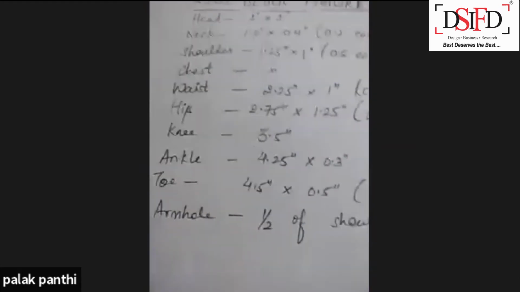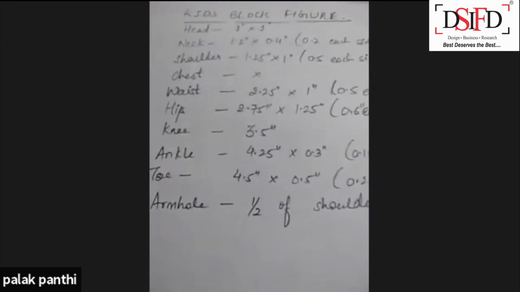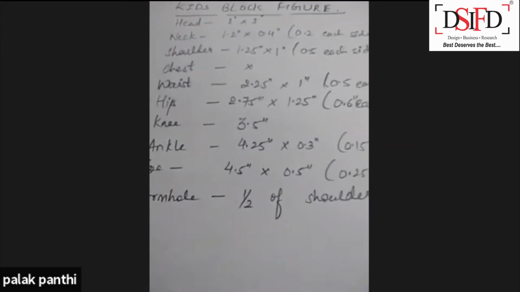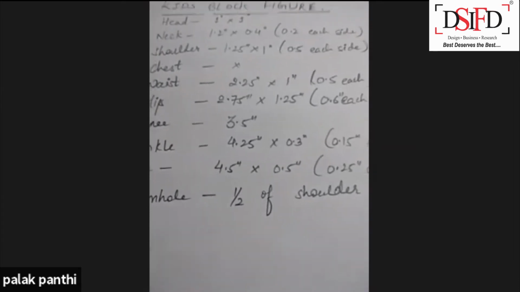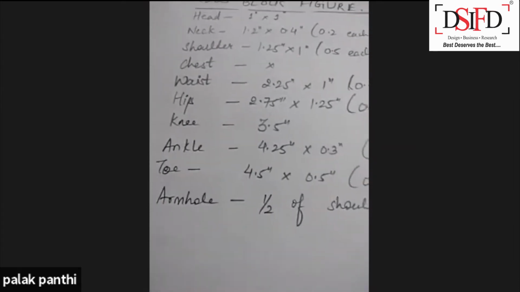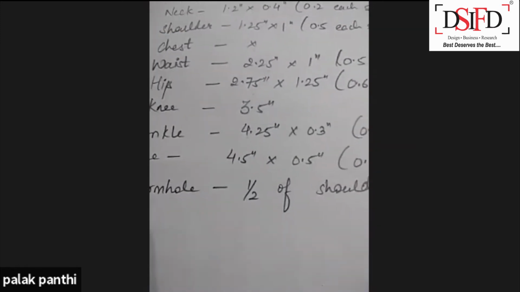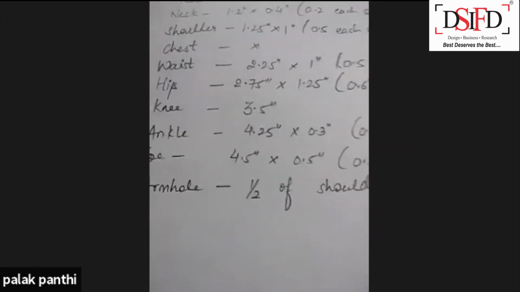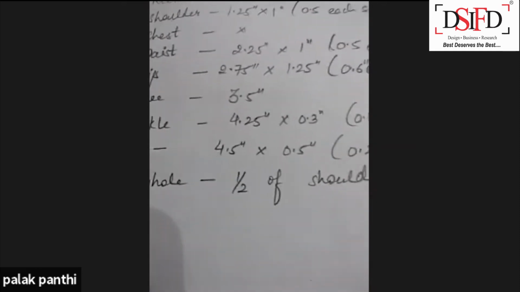Why we are not making any chest measurement over here is because in kids figure there are less curves. As we grow up and become adults, then only we get particular curves in human body. Like you can see, a male figure is broader from the chest and shoulder and narrower at the waist, like a V shape, what we call.